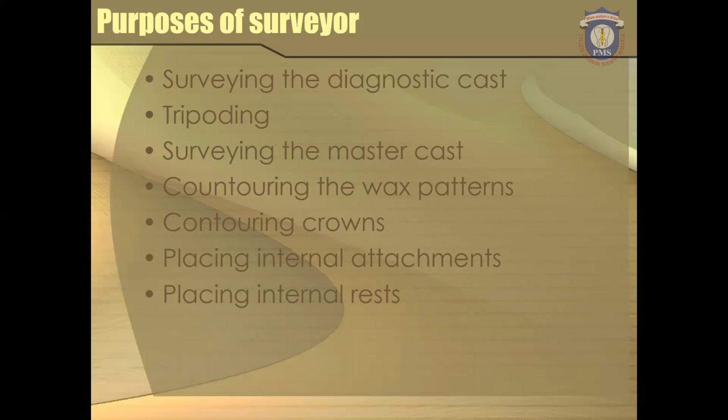The horizontal arm will get fixed and you move the surveying arm along the cast to mark 3 points on the palatal surface of the cast. These points will aid in placing the master cast in the same angulation. Hope the point is clear. Then we'll see tripoding in detail in the next class.